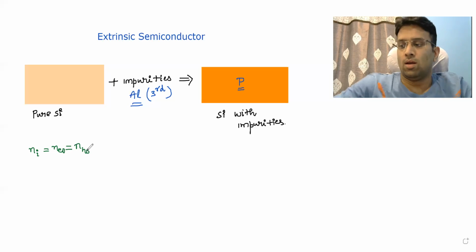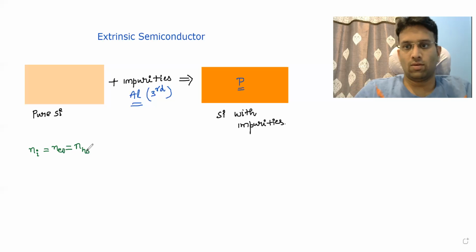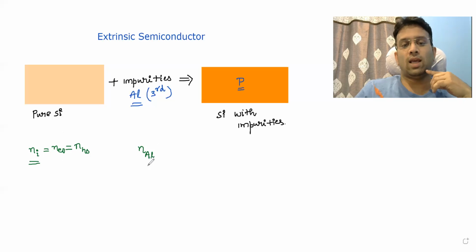Now let us say we have added NaL number of aluminum atoms per unit volume. So Ni is the number of intrinsic carriers in the pure silicon per unit volume, and NaL is the number of aluminum atoms added per unit volume.